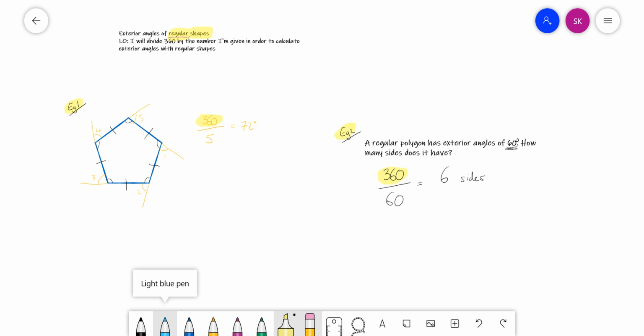And so therefore, because we know exterior angles add up to 360, and if they're all the same, we can divide 360 by either the number of sides or the size of one exterior angle to find the missing thing. So that's our strategy for this lesson.